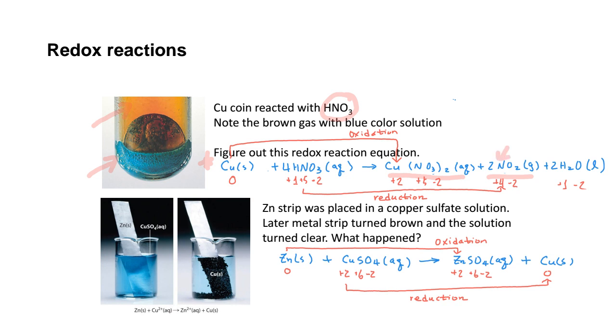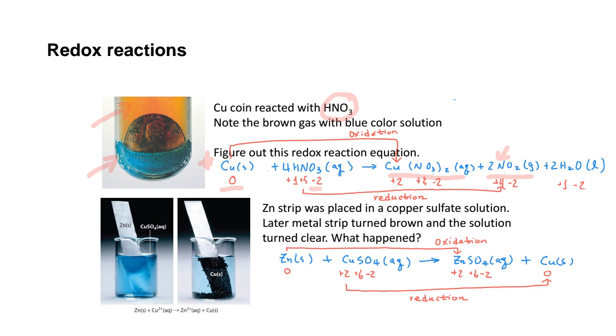Now we want to look at whether this reaction is really a redox reaction or not. To determine it, we have to determine the oxidation numbers of atoms in each substance. Copper is 0, and the oxidation number of hydrogen is +1, nitrogen is +5, oxygen is -2.